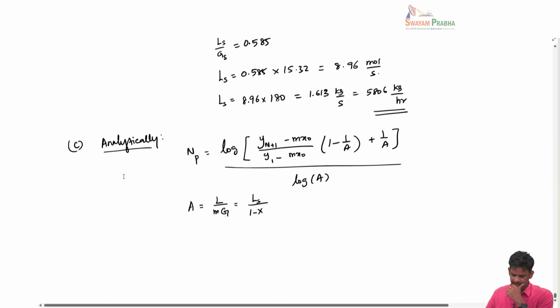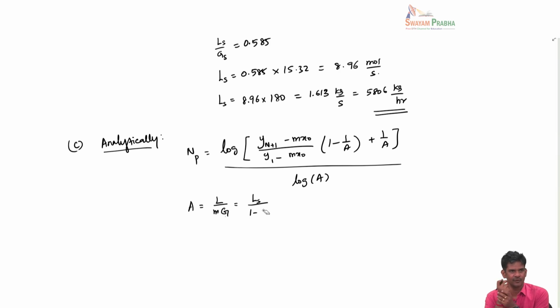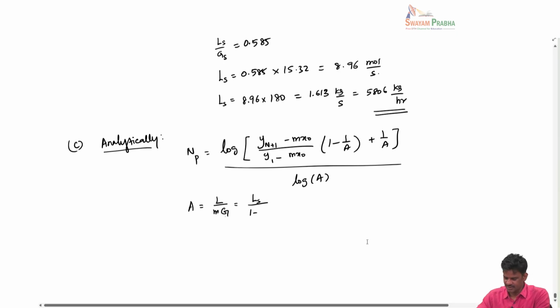I'm actually thinking about whether to use the composition at the top of the tower or at the bottom, because liquid is flown from the top. Should I use x naught or xn? So L is referring to the flow rate, so maybe we can use the one at the top, because that's where the liquid is actually flown in. So again, it's a choice. Okay, there's a little bit of ambiguity here.